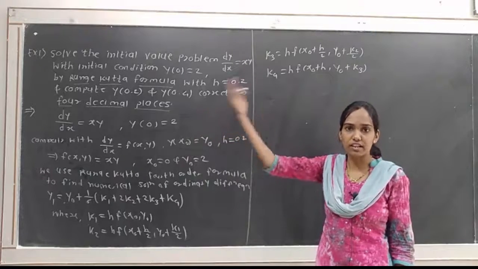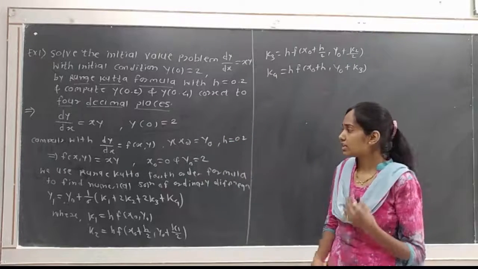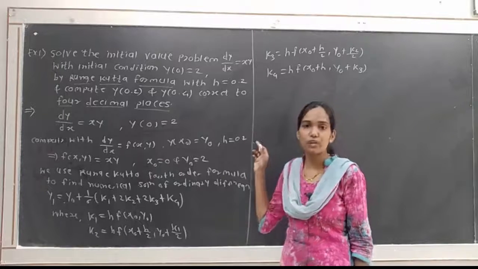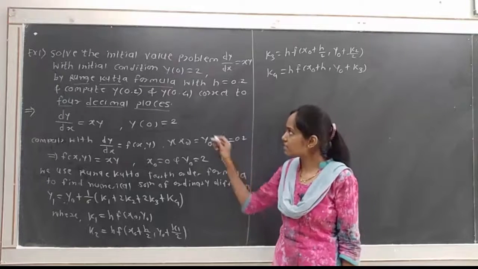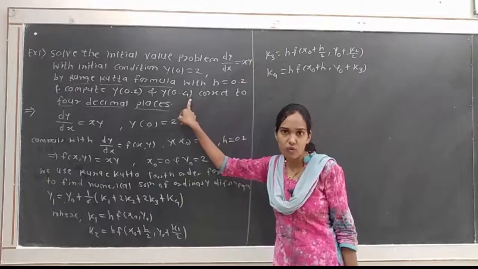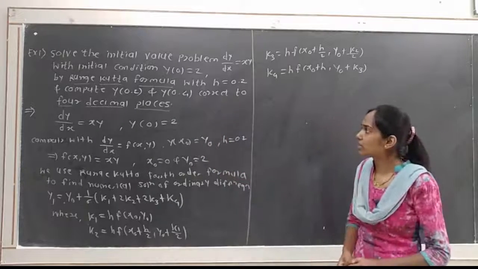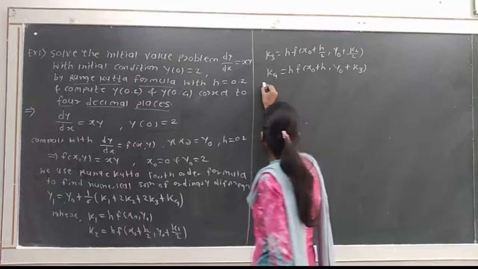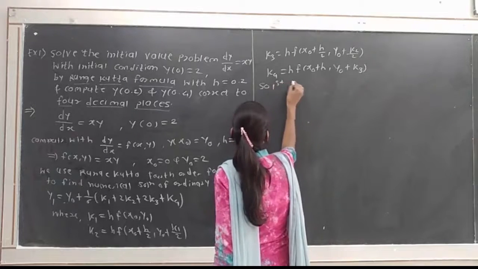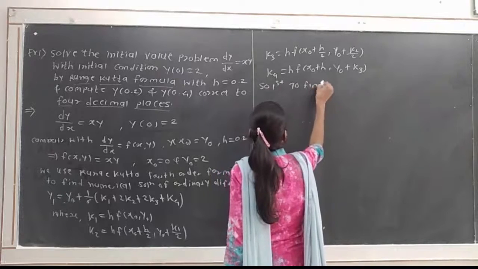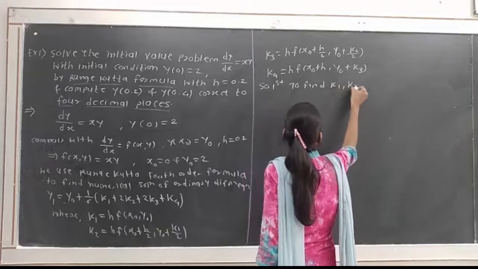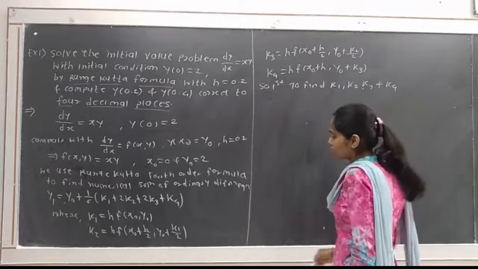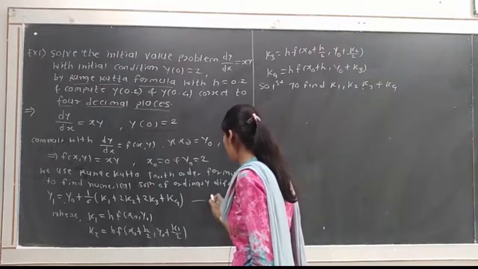For the next value y2, x2 is 0.2 plus 0.2, which is 0.4, the value of y of 0.4. So first we find k1, k2, k3 and k4. Take it as equation number 1.